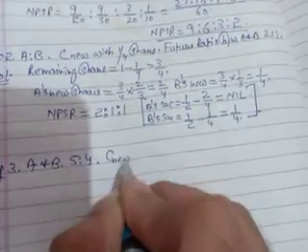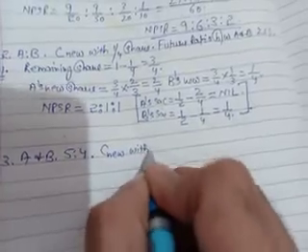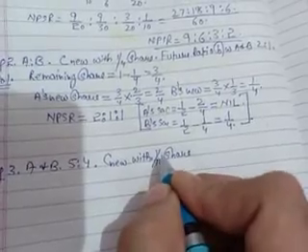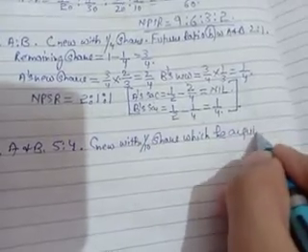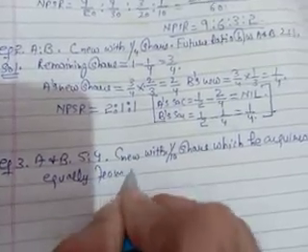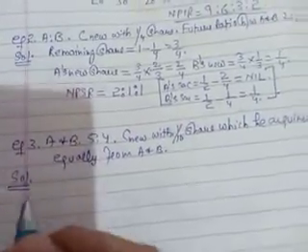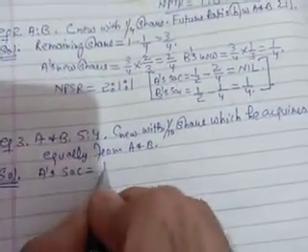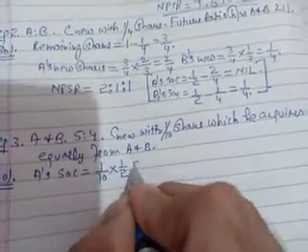C is the new partner with 1/10 share, which he acquires equally from A and B. In this case we'll first calculate the sacrifice of A. C's got 1/10 share and half of which is given by A, so A's sacrifice will be 1/20.